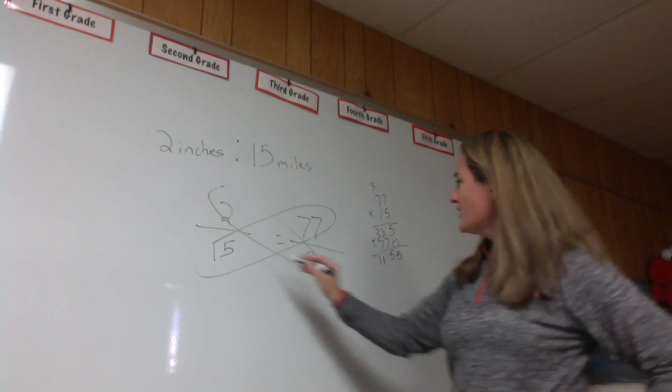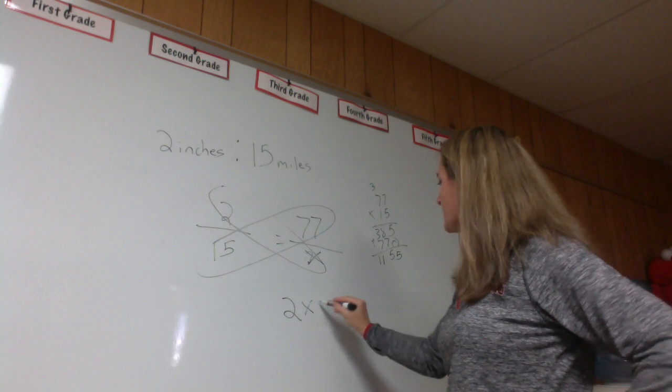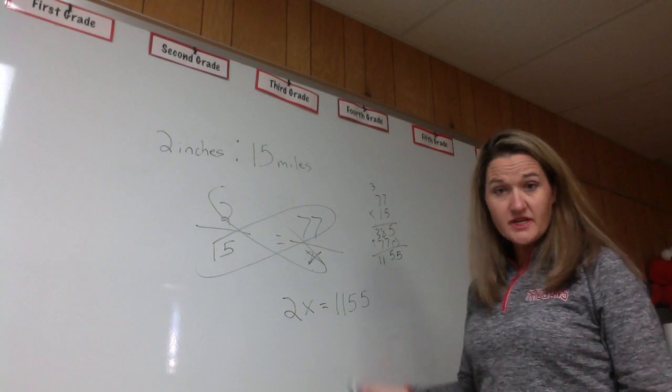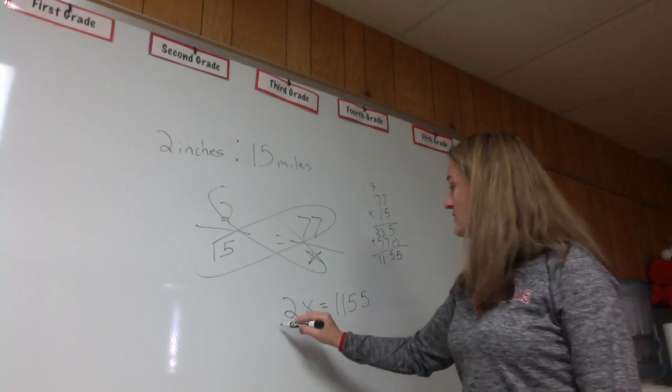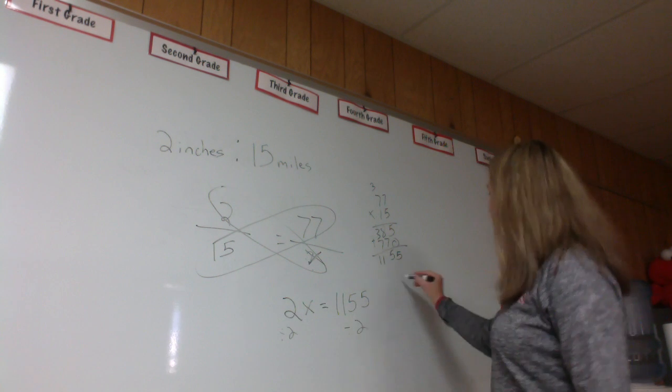Now my problem is, instead of a question mark, I'll put an x. 2x is equal to 1155. My next step in solving a cross product is to solve for x, so I'm going to divide by 2, divide by 2.